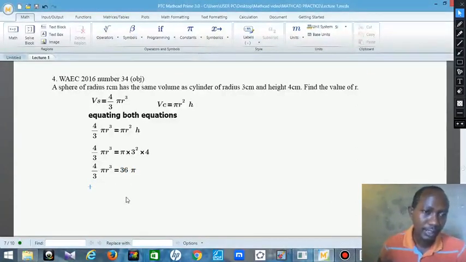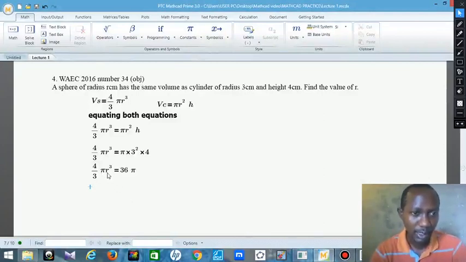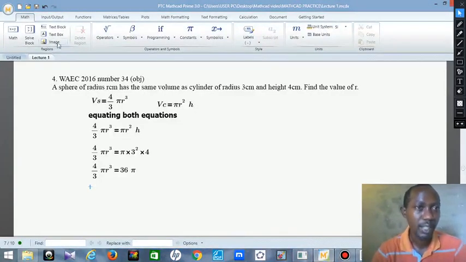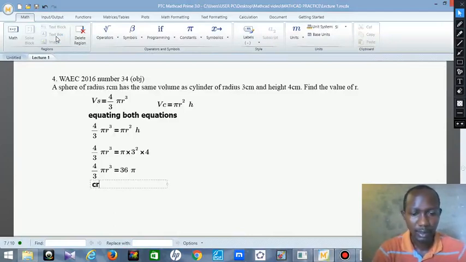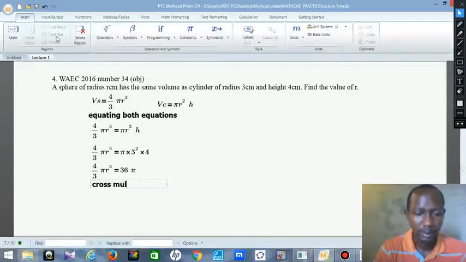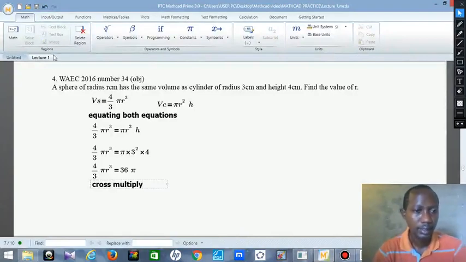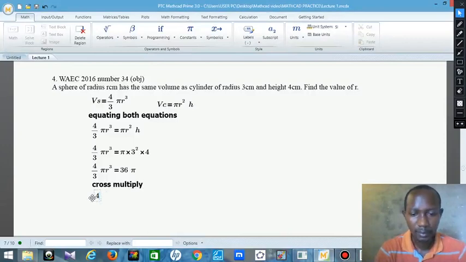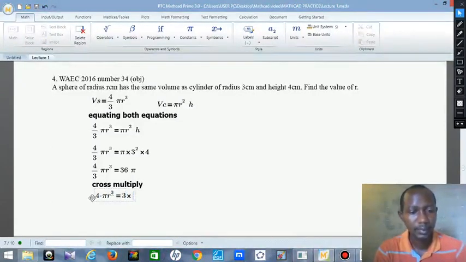Then the next thing is we need to cross multiply so that the equation will look easy, so that we can eliminate this fraction. So when we cross multiply, we are getting 4 pi r cube, which is equal to 3 times 36 pi.